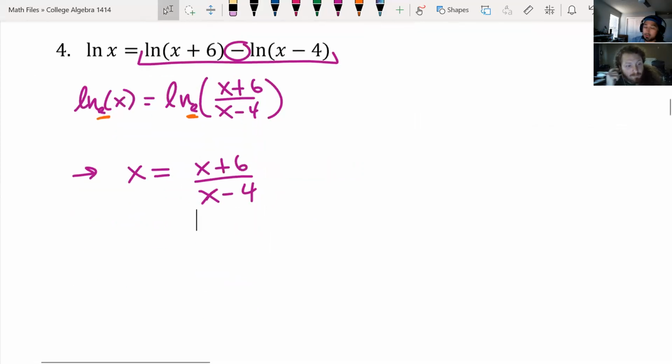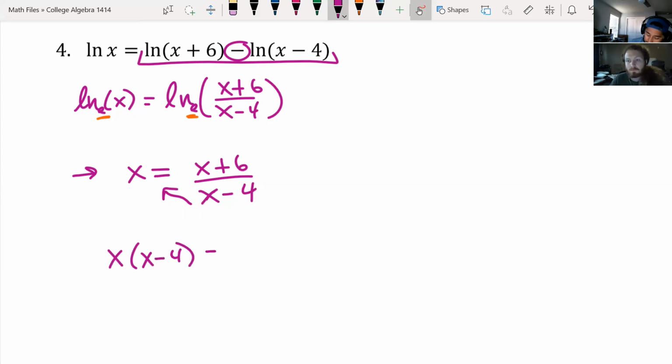Okay. And now the logs are gone, and all we have to do is solve for x. So this means that x minus 4 is getting multiplied to the left side. So we'll get x times x minus 4 equal to x plus 6, and solve for x.